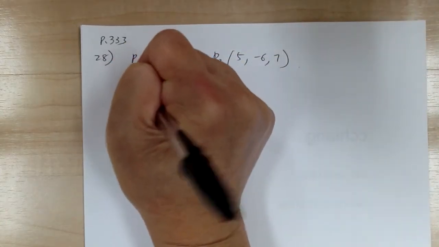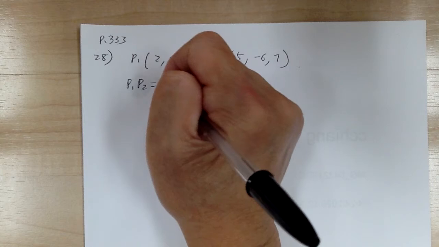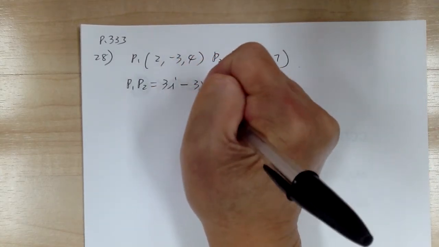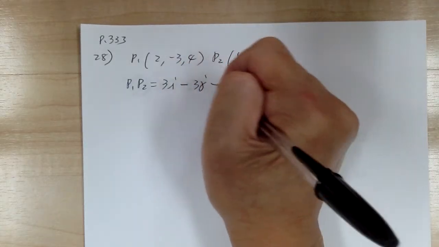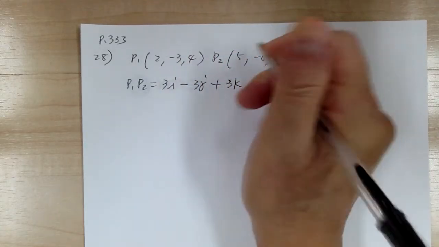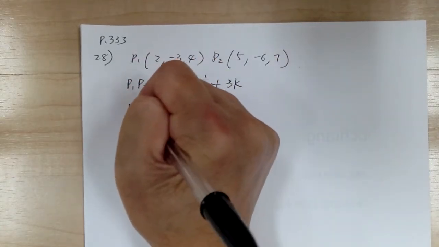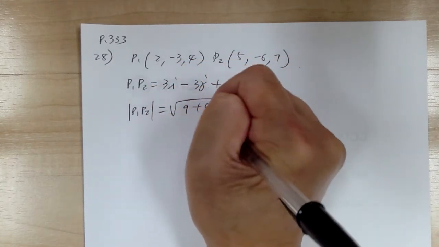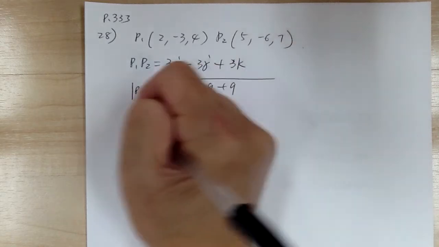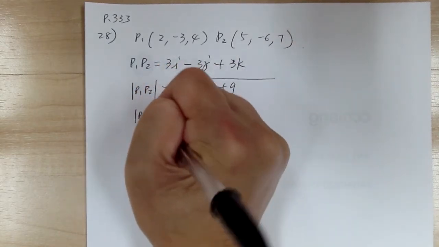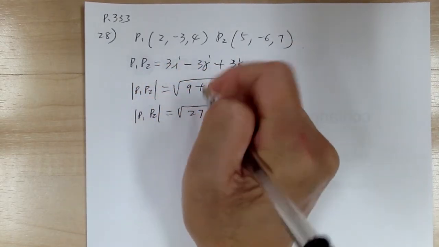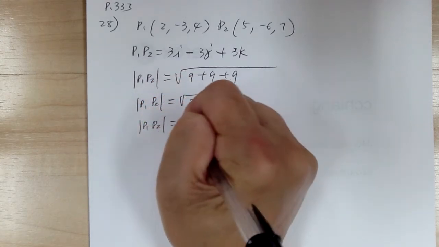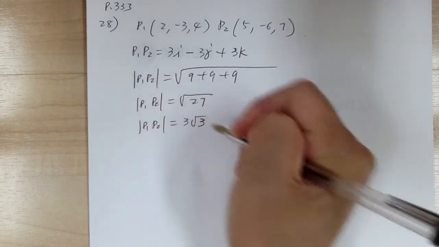So P1P2, this minus this gives you 3i, this minus this gives you minus 3j, and this minus this gives you plus 3k. And the length: 3 squared is 9, this is 9, this is 9. So the length of P1P2 equals the square root of 27, which equals 3 square root of 3.